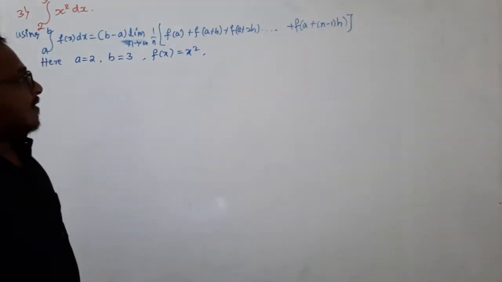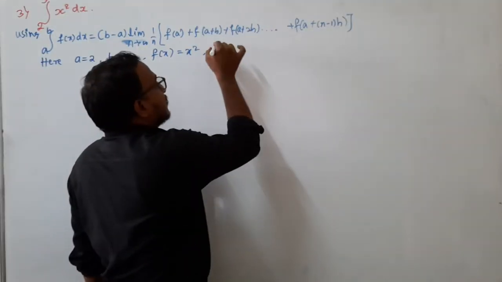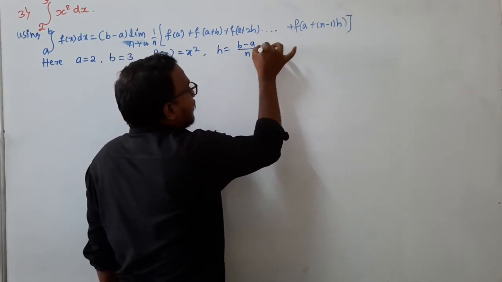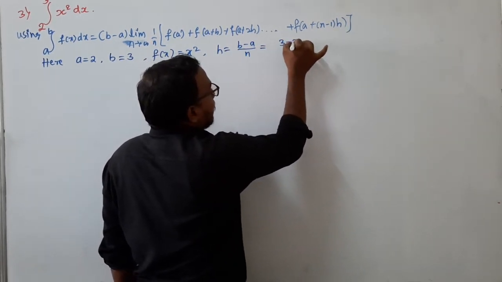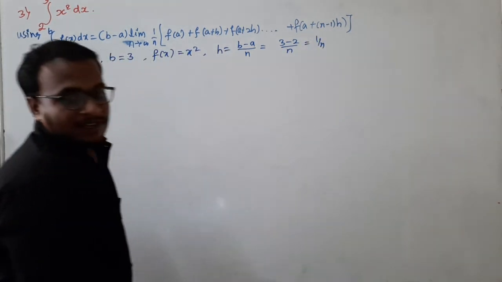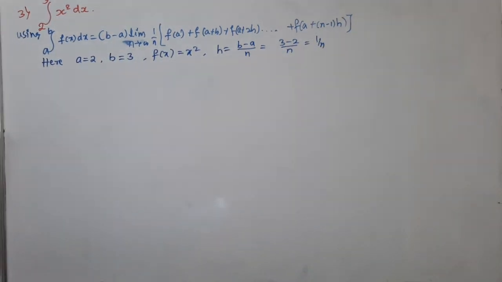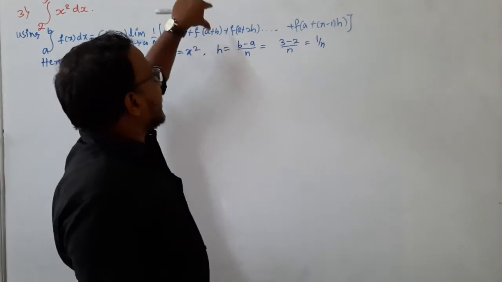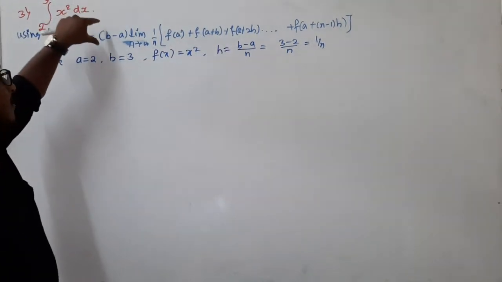Then we have to find this h value, that is h is equal to (b minus a) by n. We know that b is 3, so 3 minus 2 by n is equal to 1 by n. Here we got the h value as 1 by n. Substitute this a, b and this h value in this limit of a sum formula.